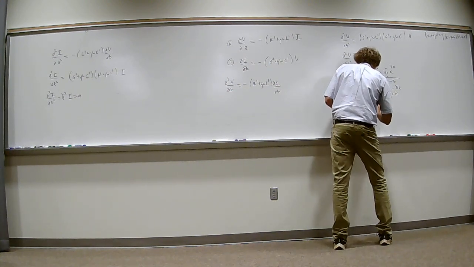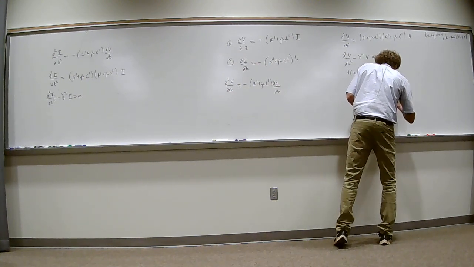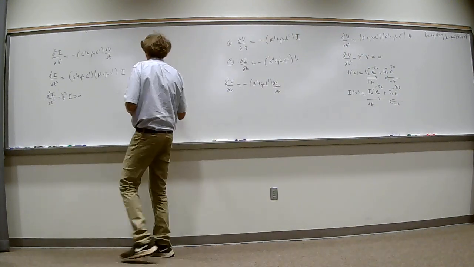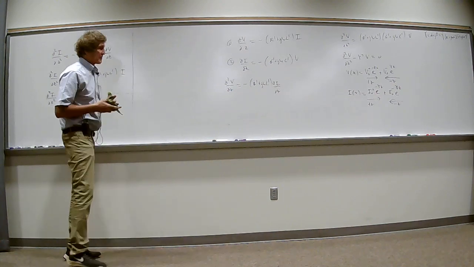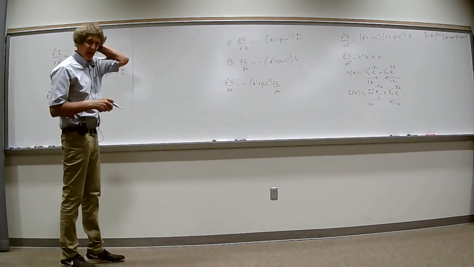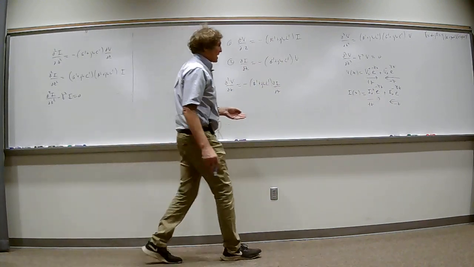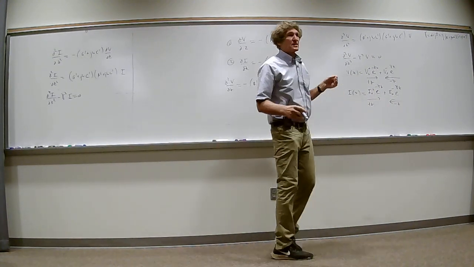This will dictate a wave traveling in the plus z direction, this in the minus z direction. I'm going to show you that next. I know I'm moving a little quick, but I'm just going through the motions of what we did last time. Y'all remember this?